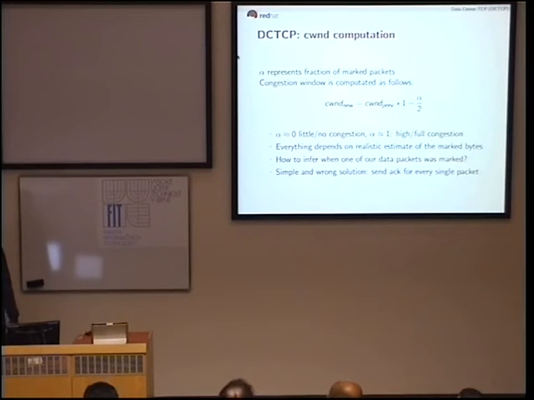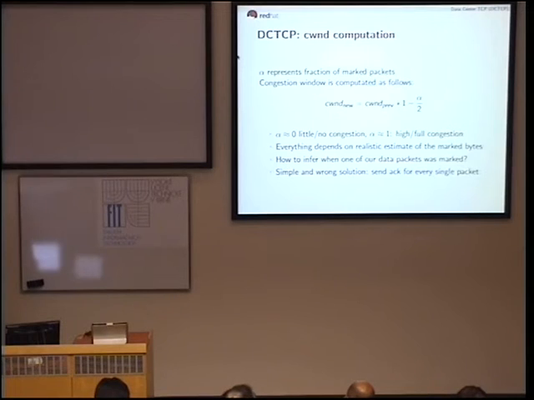So the simple solution would be just to do that, and for every new packet that we receive, we would send an acknowledgement out, and another acknowledgement, and so on. But of course, that would mean that we send one ACK back per received packet, and that's something that we should really avoid, because it would increase the network load.